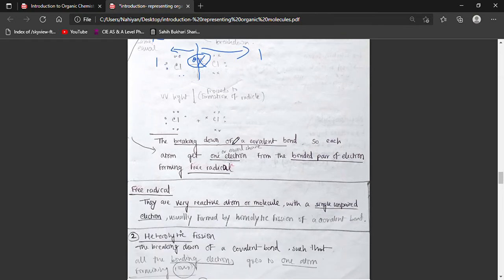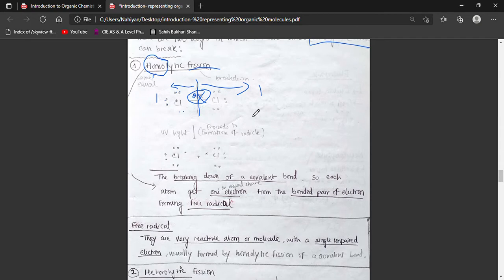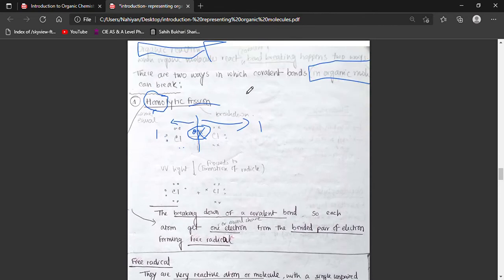That's how homolytic fission works. This happens in the breakdown of Cl2 in the atmosphere to form Cl radicals, if you provide UV light.